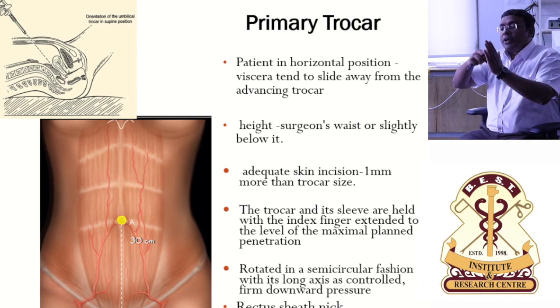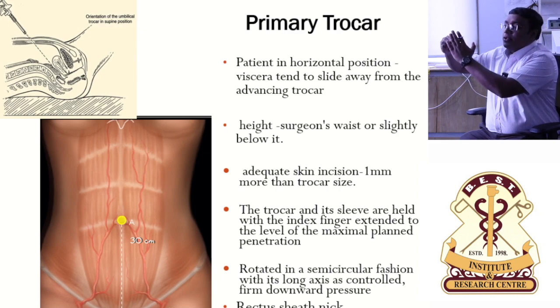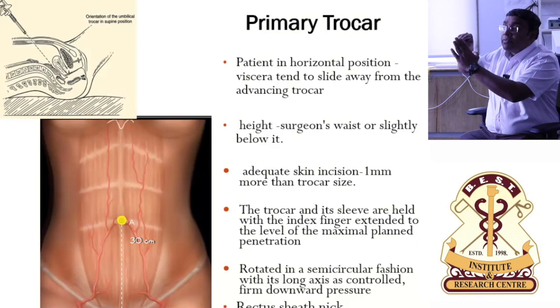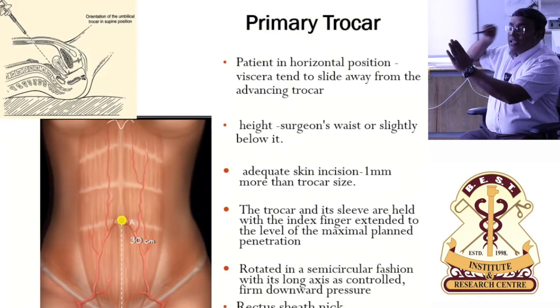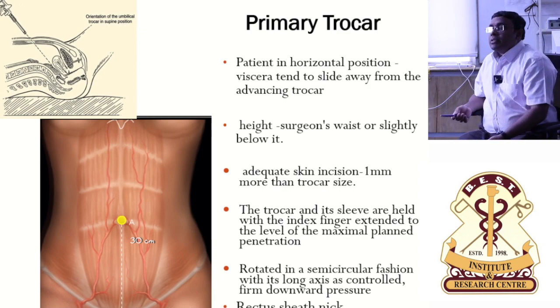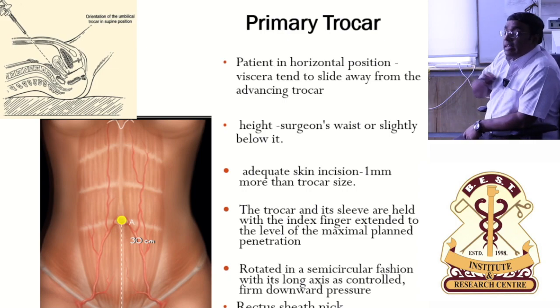Once this layer of peritoneum is pierced and it just comes out, then I direct it towards that organ. If I am doing a hysterectomy, I direct it like this. But not from the beginning. Right from the beginning, if I try to put it like this, I will be injuring blood vessels in the abdominal wall. So never go at an angle. Only till you reach the peritoneum should you go perpendicular, and then point it towards the organ.